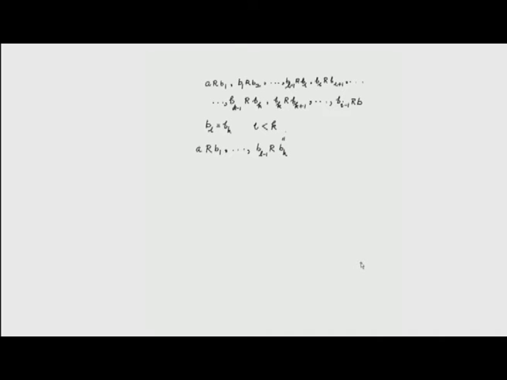The reason is that B L and B k are the same, and then continue in the same sequence to get B k, B k plus 1 and so on up to B I minus 1 R B. We get this.